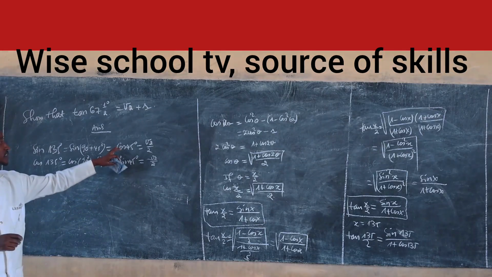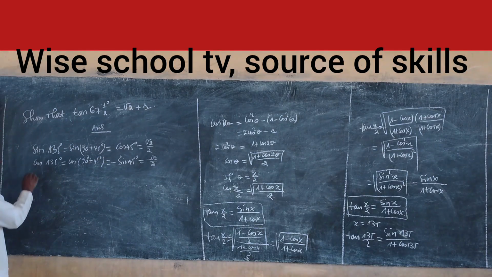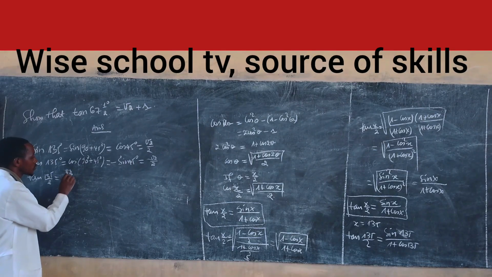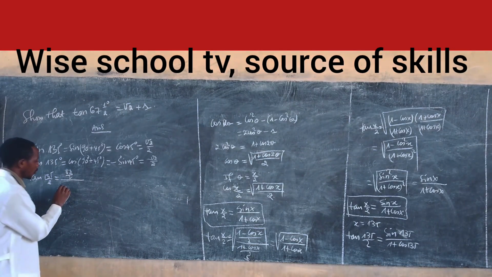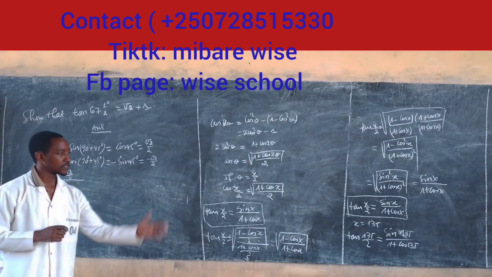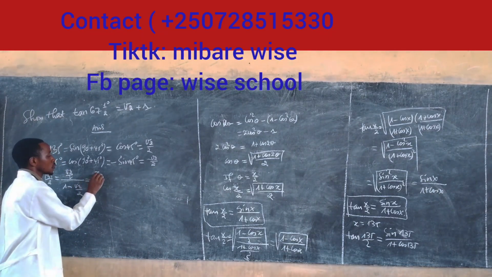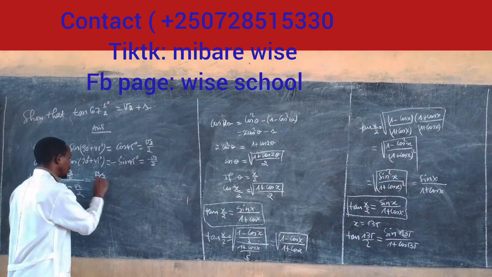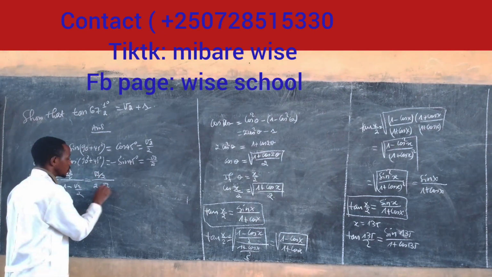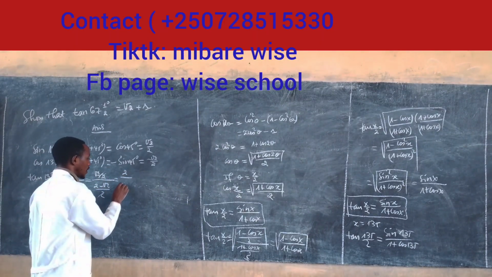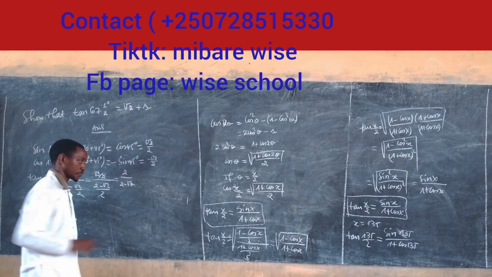When we replace that in the above, tan of 135 over 2 is equal to square root of 2 over 2 divided by 1 minus square root of 2 over 2. This is equal to square root of 2 over 2 divided by 2 minus square root of 2 over 2. In fact, this is equal to square root of 2 over 2 minus square root of 2.